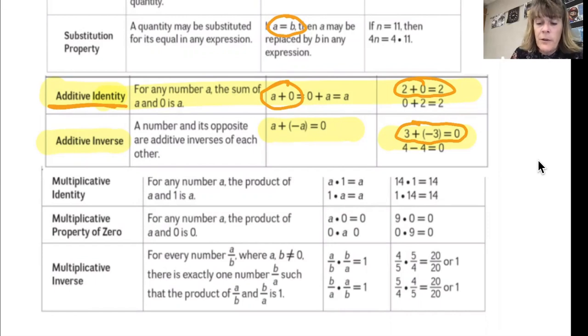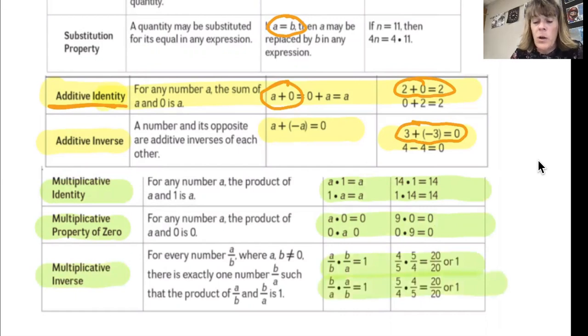Okay, so we have the additive identity and the additive inverse, and they both go together. Then we have the multiplicative identity and the multiplicative property of 0 and the multiplicative inverse. So the yellow highlighted ones are all dealing with addition. These are all dealing with multiplication. Now the multiplicative identity is the number that we multiply by and it doesn't change it.